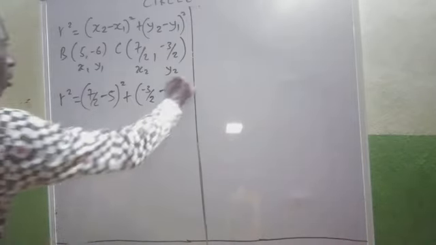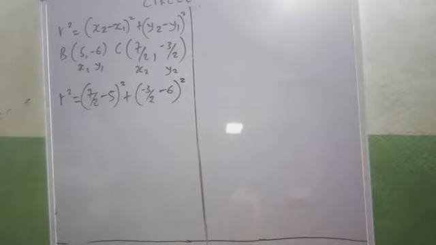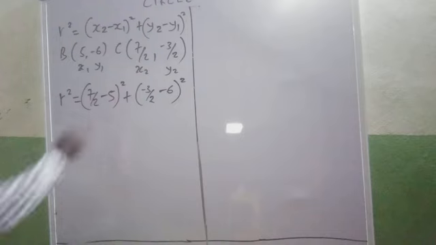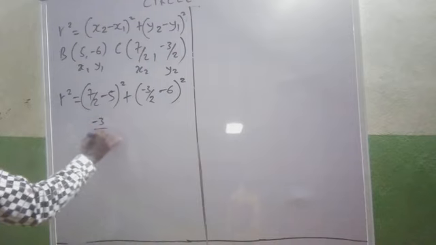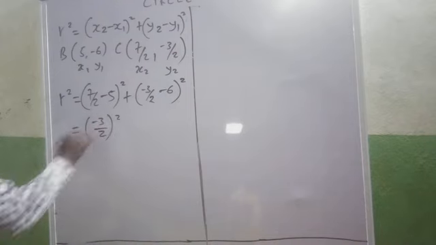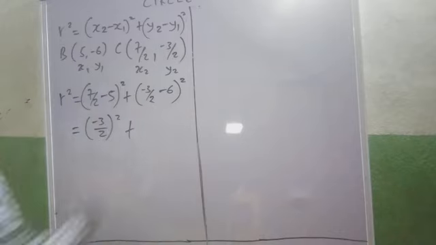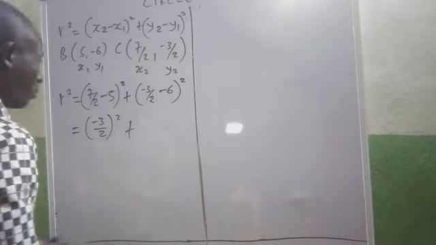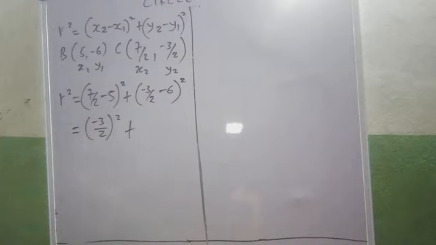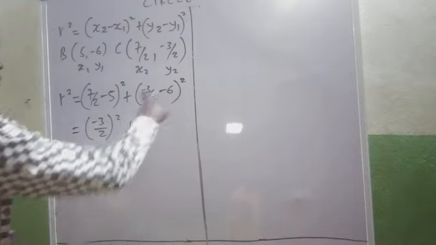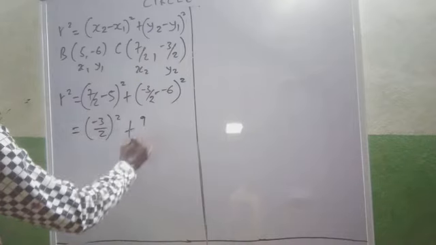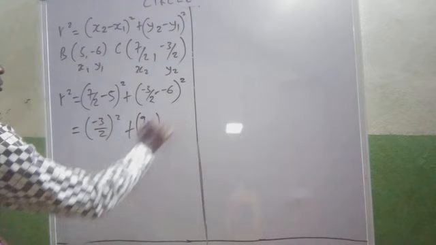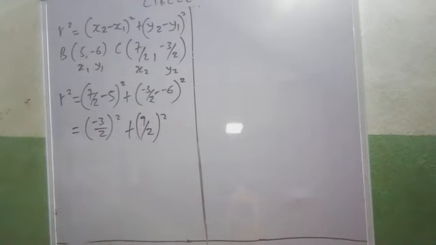So if you solve this, 7 over 2 minus 5: 2 times 5 is 10, so you have minus 3 over 2 all squared, plus, 2 times 6 is 12. Remember there's a minus sign before, so you're also going to have another minus. So this becomes plus. So you have 12 minus 3 to give you 9 over 2 all squared.